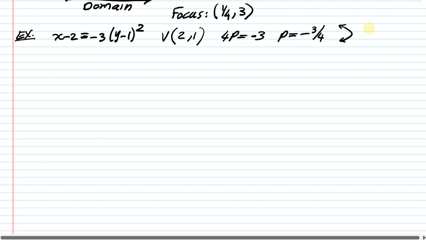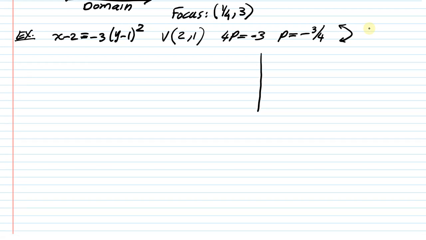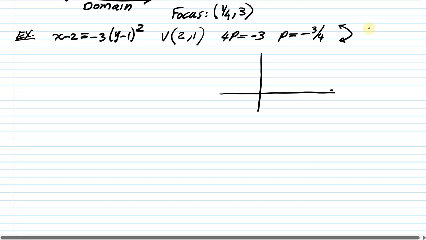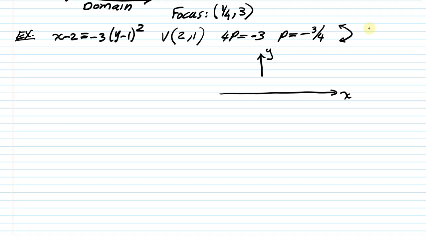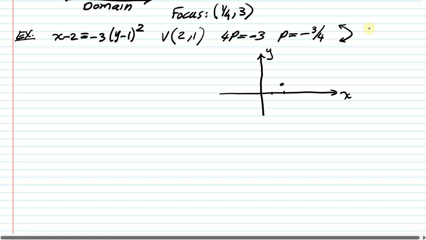I know the vertex. Let's actually draw this thing out now. Here's x and there's y. And the vertex is at (2, 1), right in here. The parabola opens to the left again because I'm near the x-axis. I need to find the x-intercept.